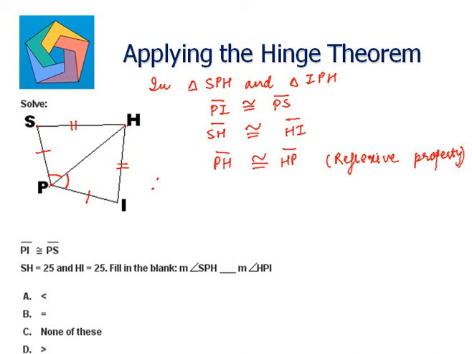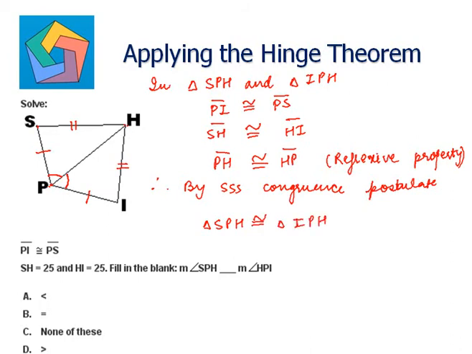So therefore, by SSS congruence postulate, triangle SPH becomes congruent to triangle IPH. This implies measure of angle SPH must be equal to measure of angle HPI by CPCT. So we can say B, equal to, is the answer.